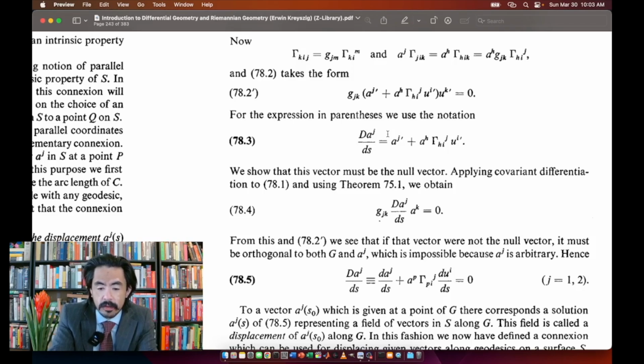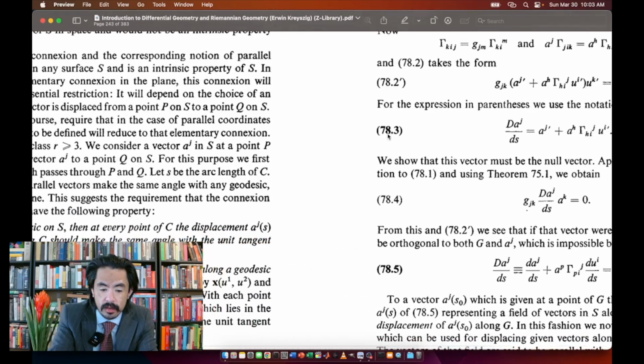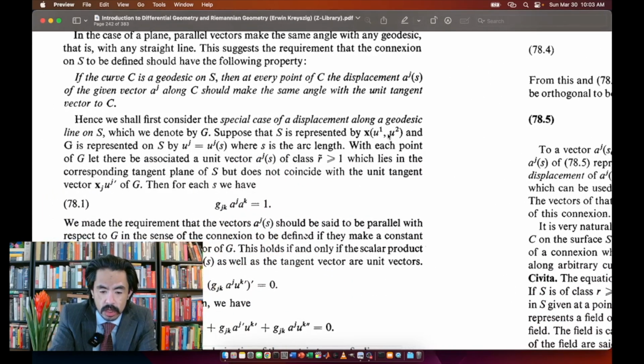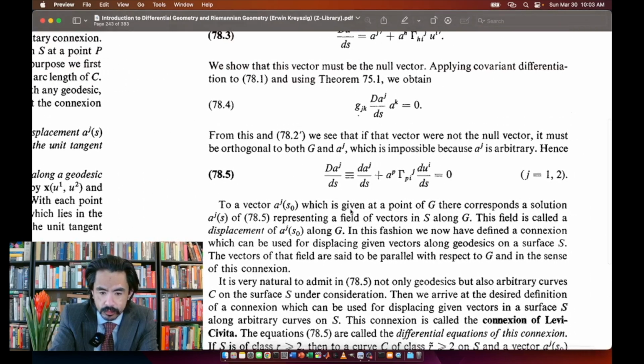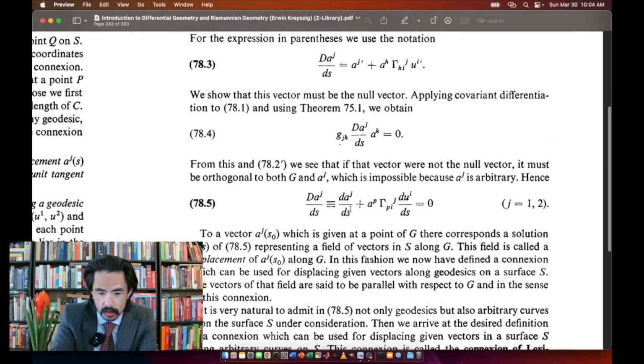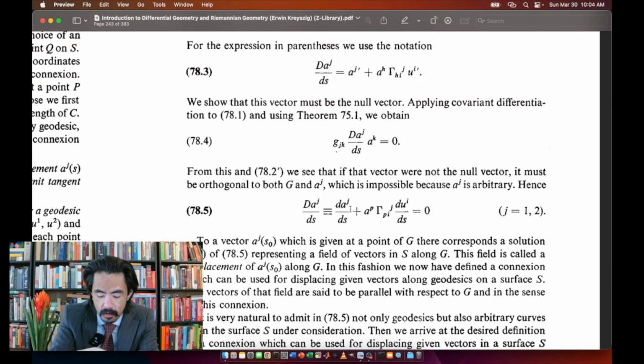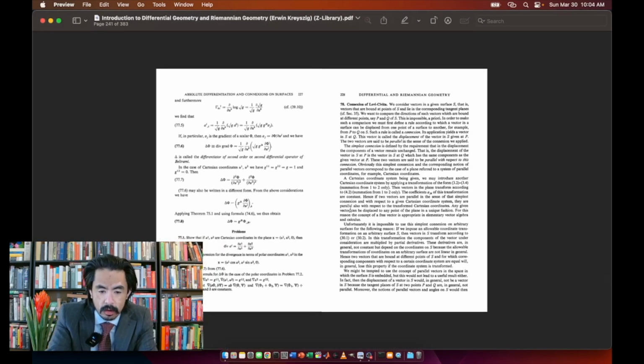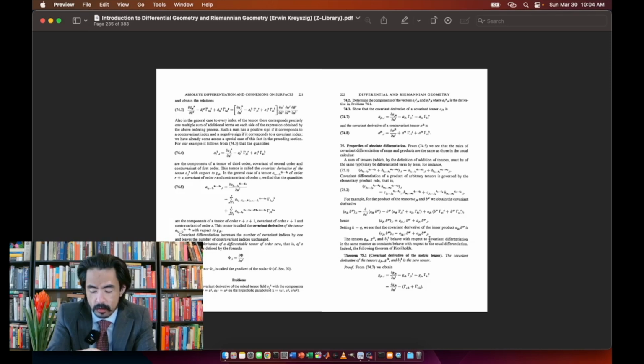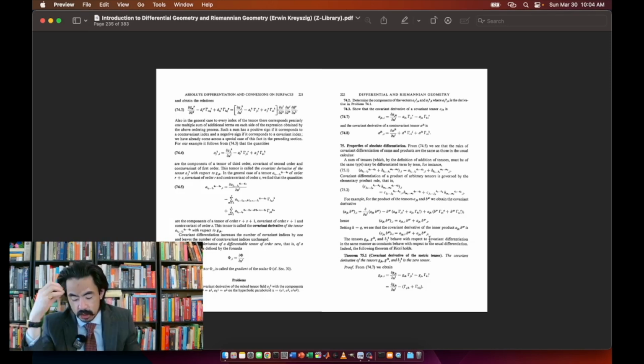Applying covariant differentiation to 78.1, which is right here, lowercase g sub jk times a superscript j, a superscript k equals 1. And using theorem 75.1, might as well go back. Aha, covariant derivative of the metric tensor.